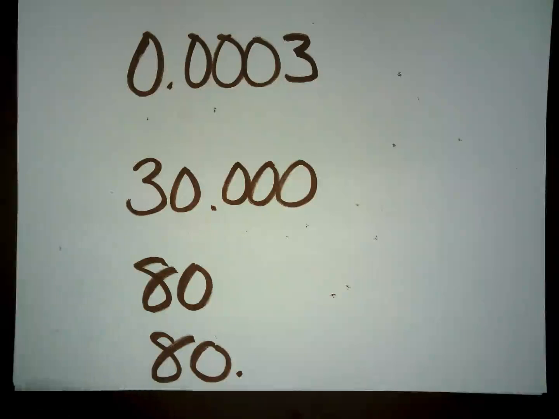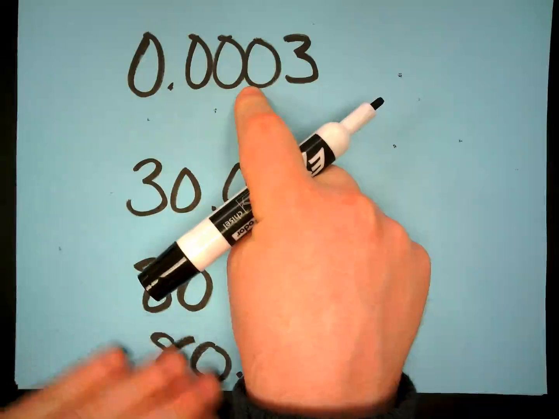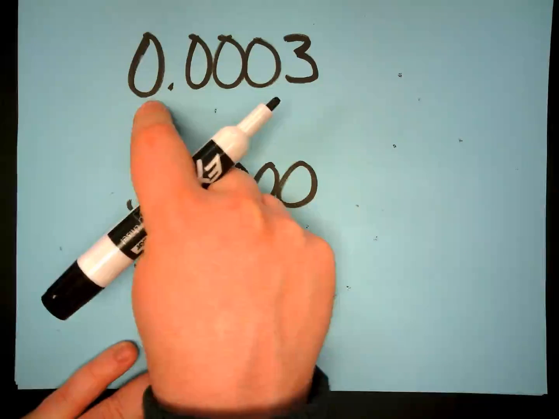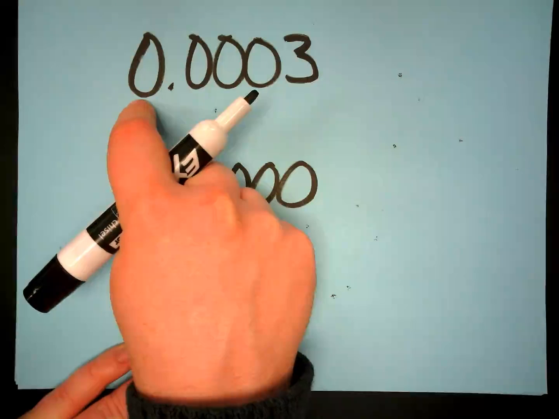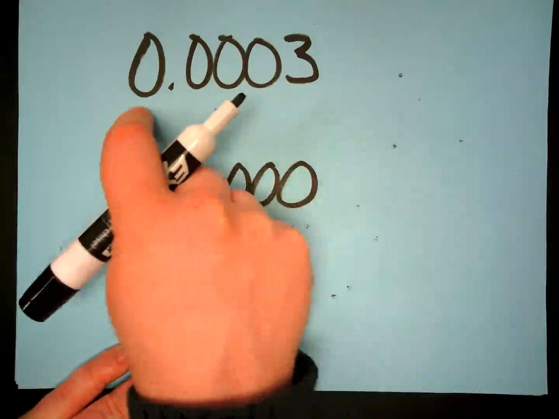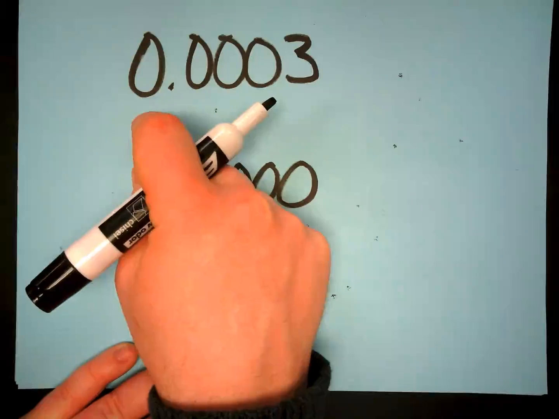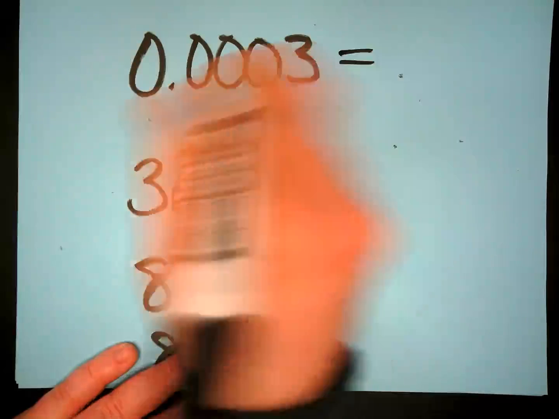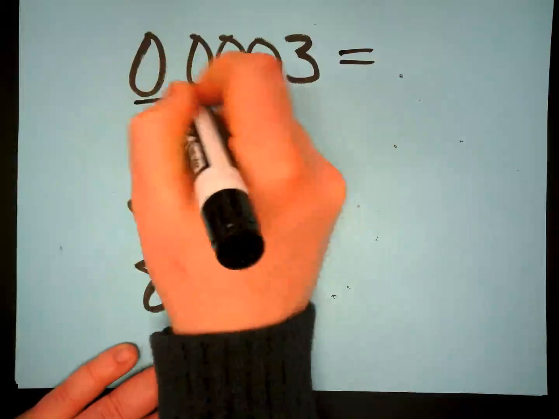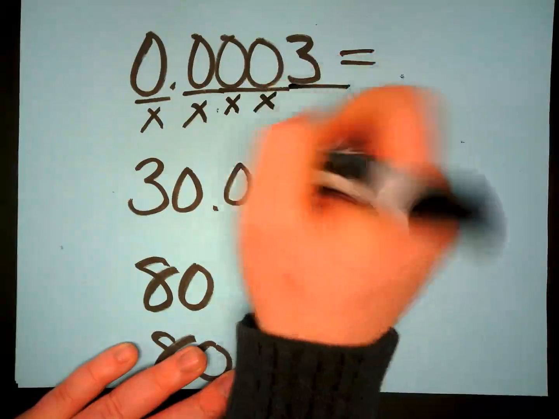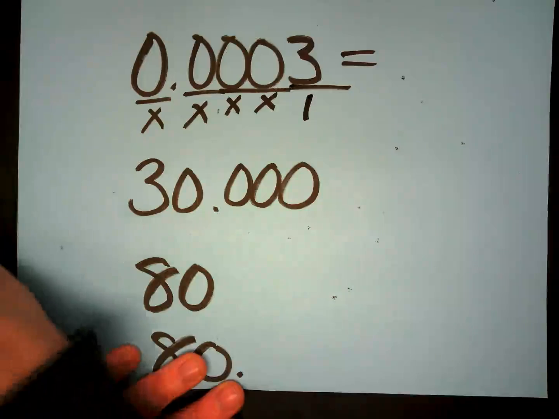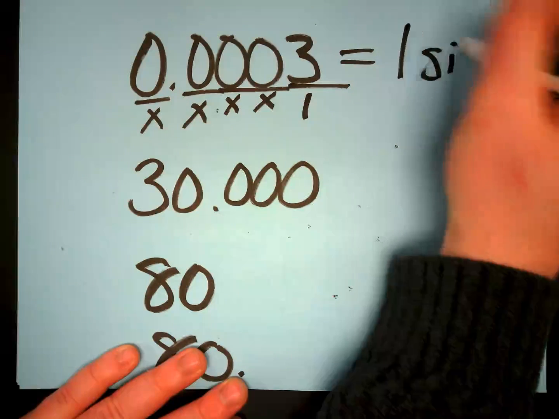Looking at this first example, we've got a decimal. So we're going to come from left to right, but we're not going to start counting until we hit an actual non-zero number. So this guy, nope, all three of these, nope. Then we hit the 3, and then we just have the 1, so this is one sig fig.